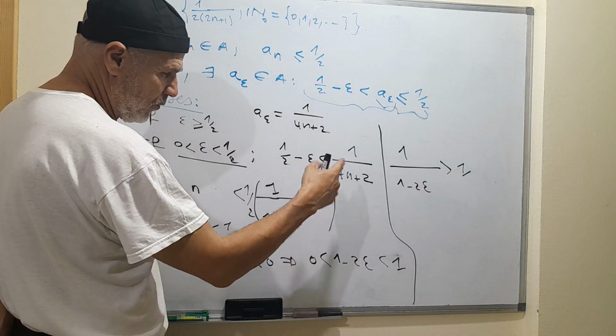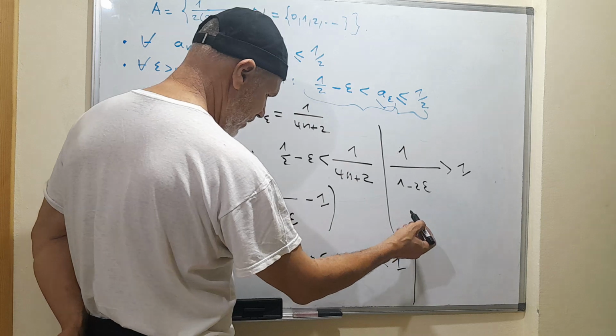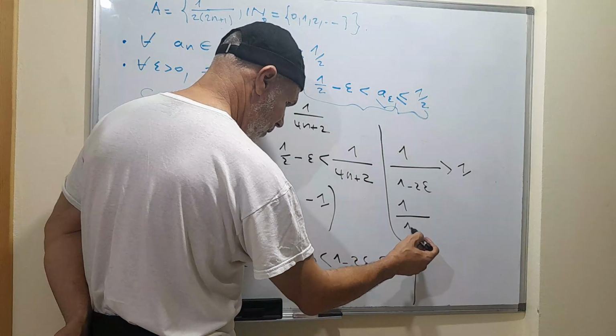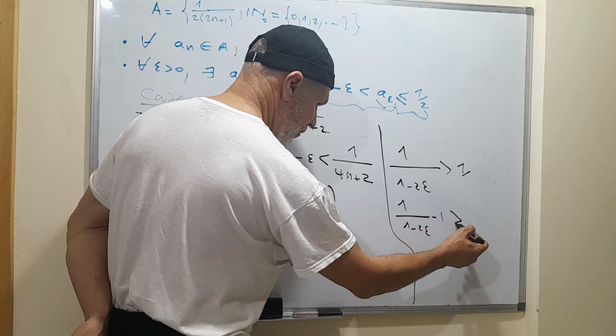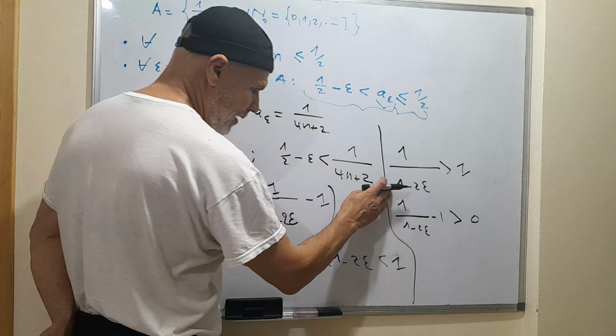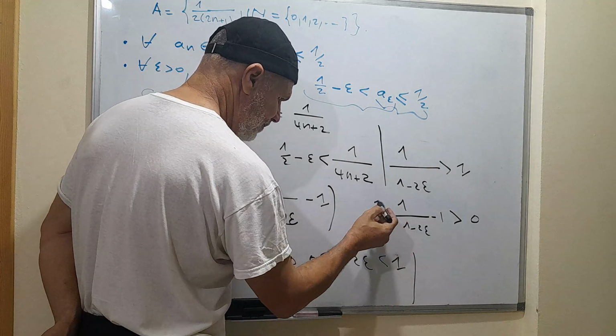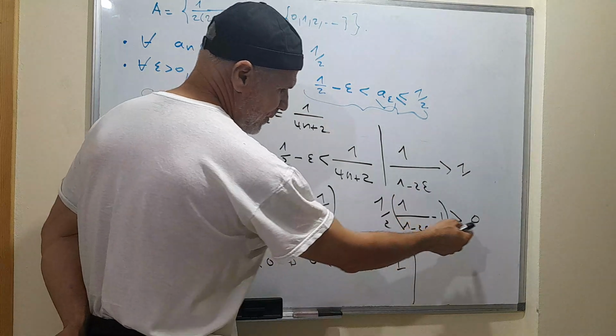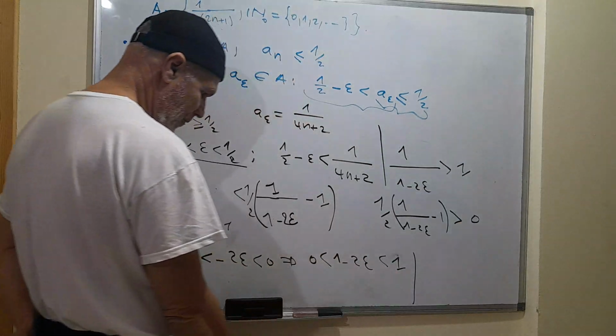We add minus 1 to both sides. We will get 1 over (1 minus 2 epsilon) minus 1 greater than 1 minus 1, 0. Then we take 1 half. This real number is strictly greater than 0.